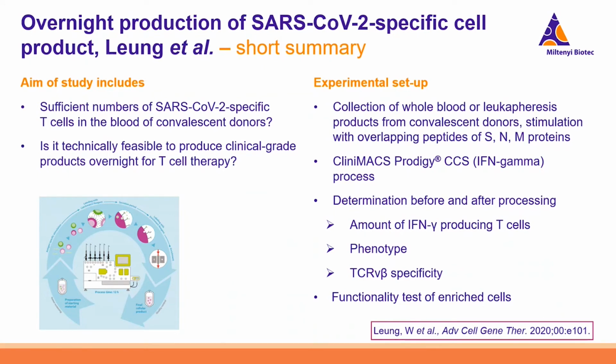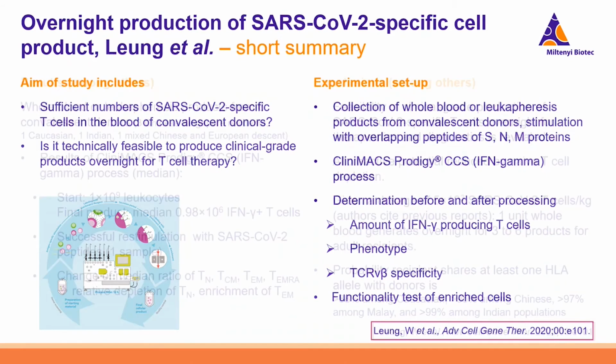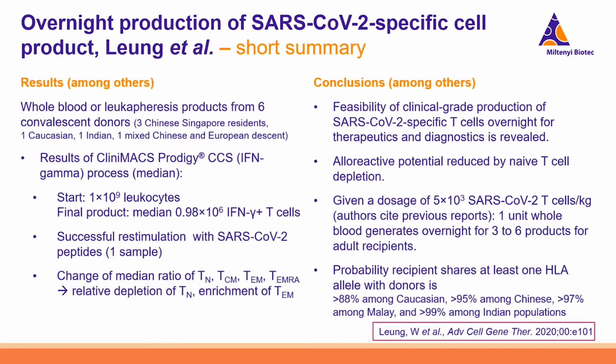The stimulated products were processed by CliniMACS Cytokine Capture interferon-gamma procedures, and the resulting fractions were analyzed for the amount of interferon-gamma producing cells, their phenotype, T-cell receptor V beta specificity, and functionality. The enrichment procedures resulted in final products that contain a median of almost 1 times 10 to the 6 interferon-gamma positive T cells.